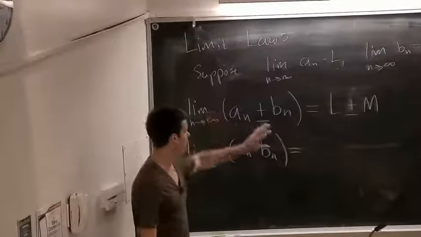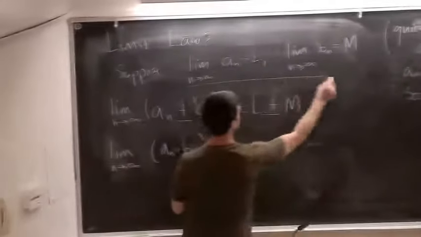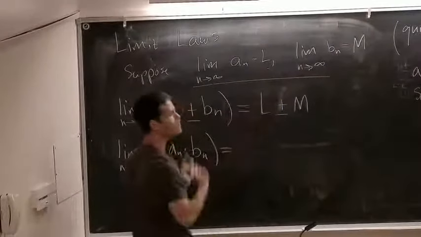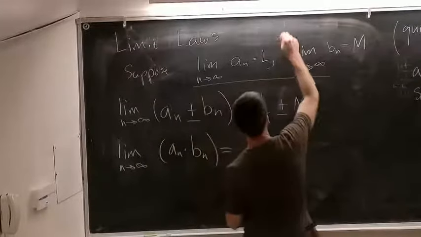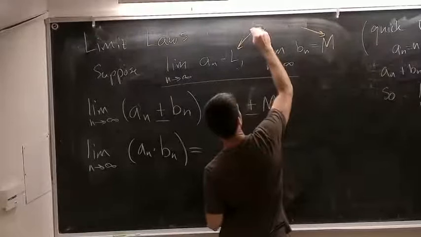So let me finish off with these limit laws that we need. Again, the point that I'm trying to impress is that these two conditions both need to hold before you can apply these limit laws. And both L and M are just numbers.